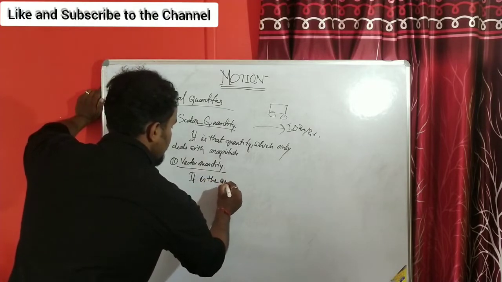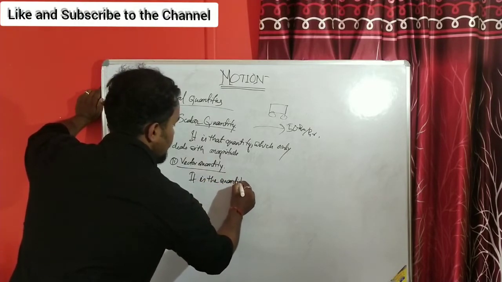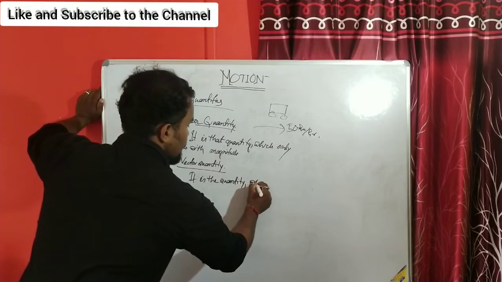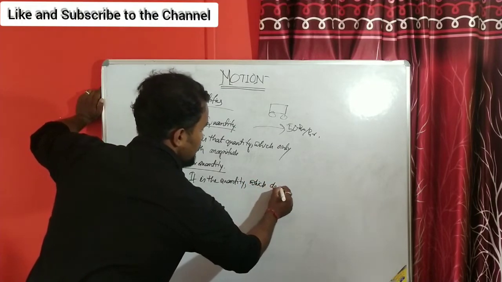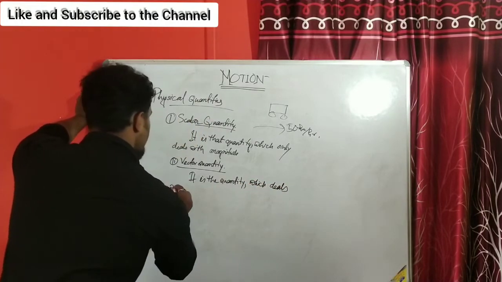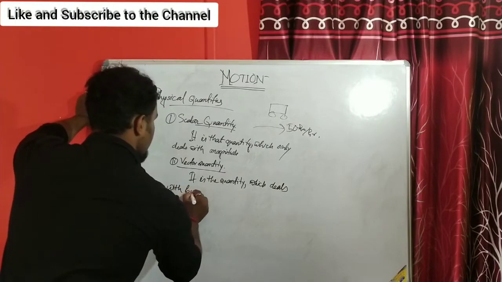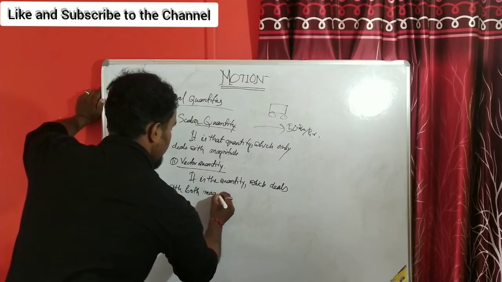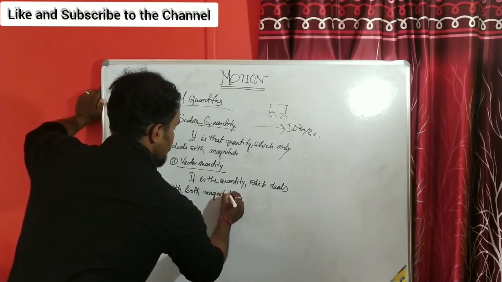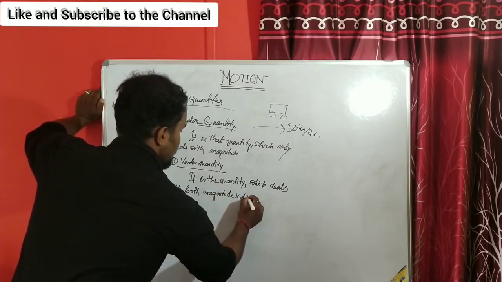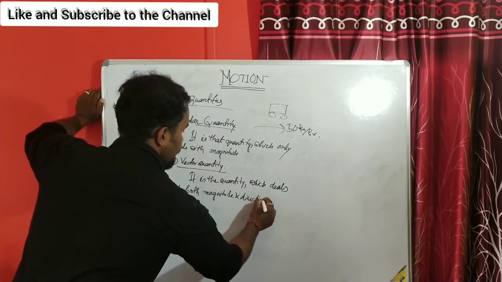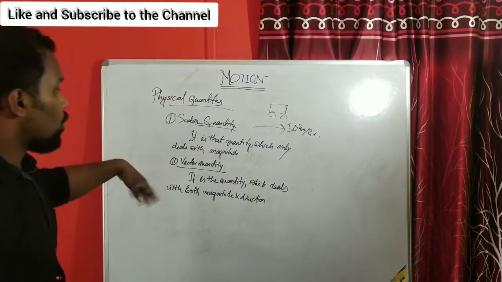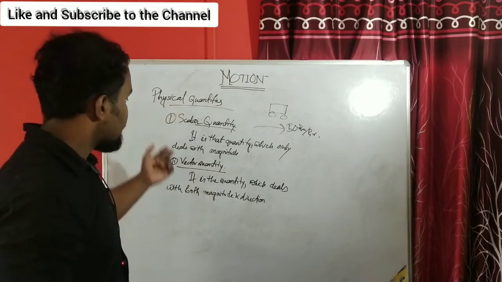It is the quantity which deals with both magnitude and direction. So why am I discussing scalar and vector?